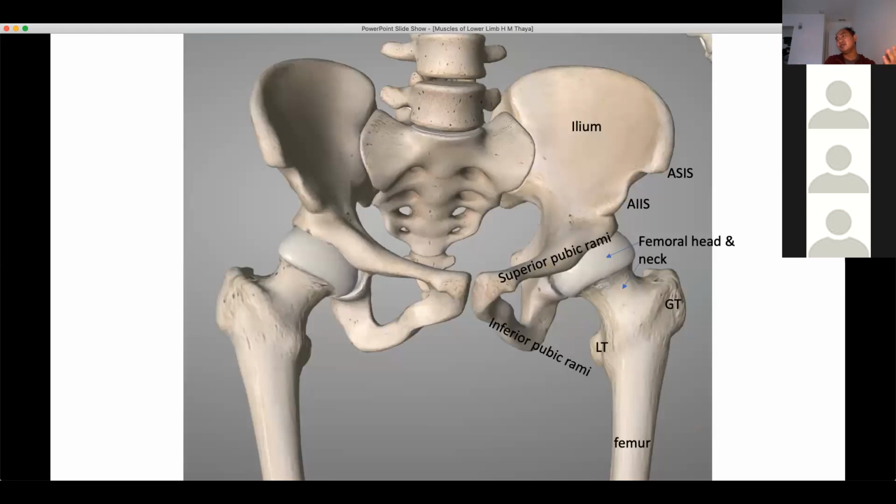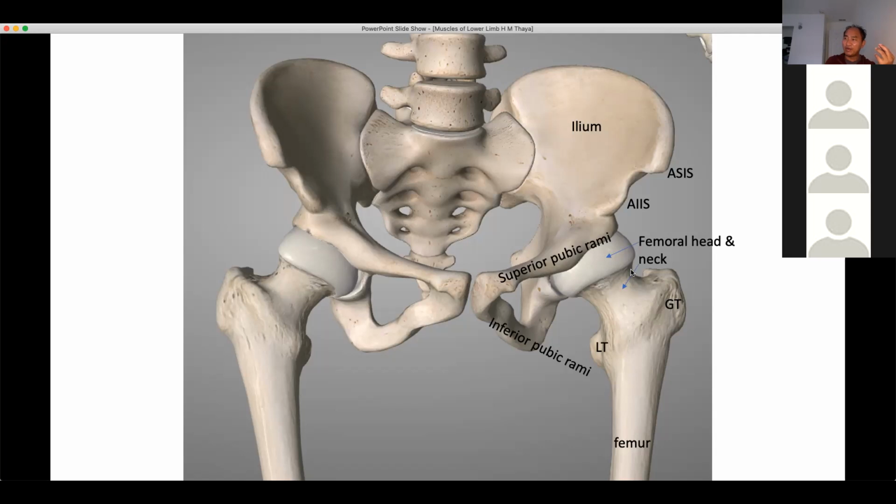Okay, the pelvis again, looking from the front: the ilium, superior pubic rami, inferior pubic rami. This is the ischial tuberosity. This is the lesser trochanter, and this is the greater trochanter of the femur.